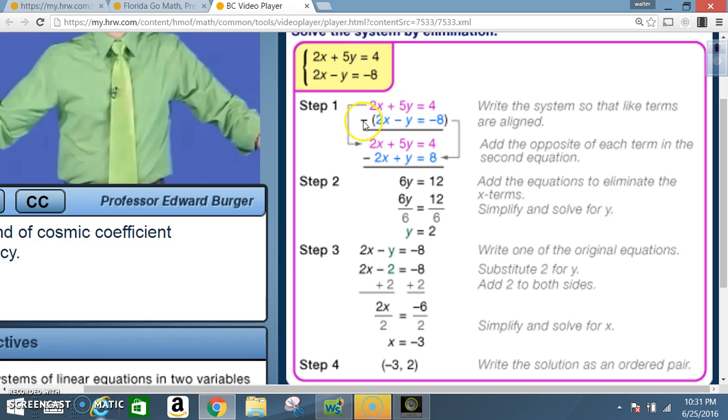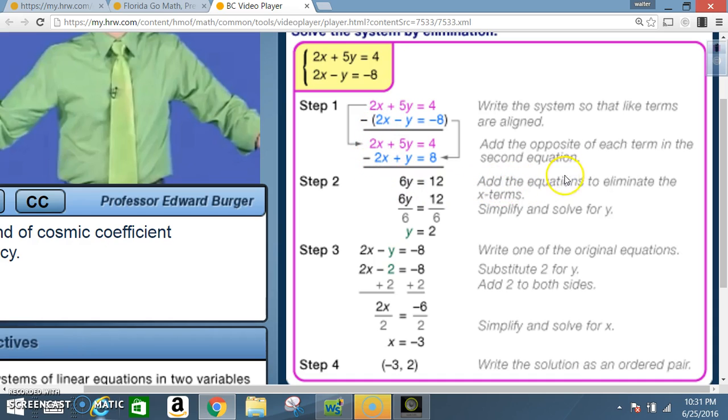A -1 times 2x is a -2x. A negative times a negative is a positive. And a negative times a negative is a positive. So the y becomes a positive y, and the -8 becomes a positive 8. The positive 2x there becomes a -2x.